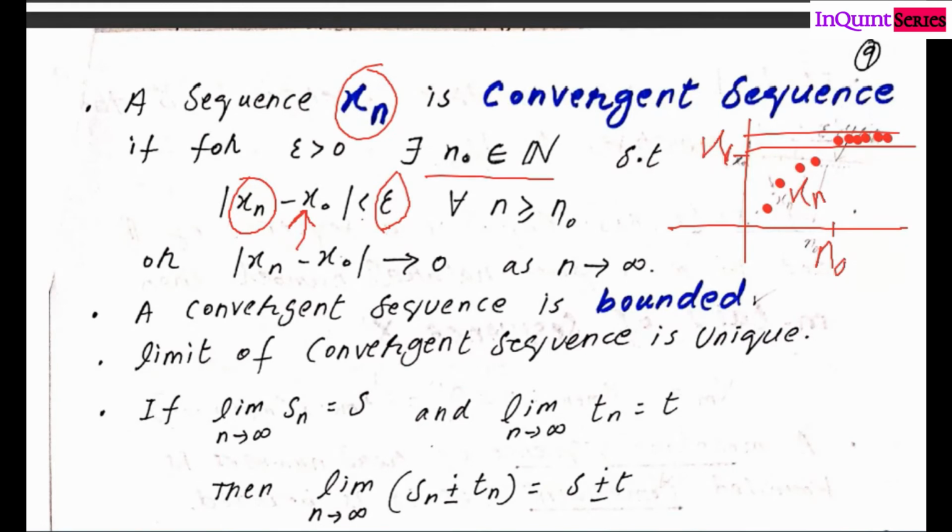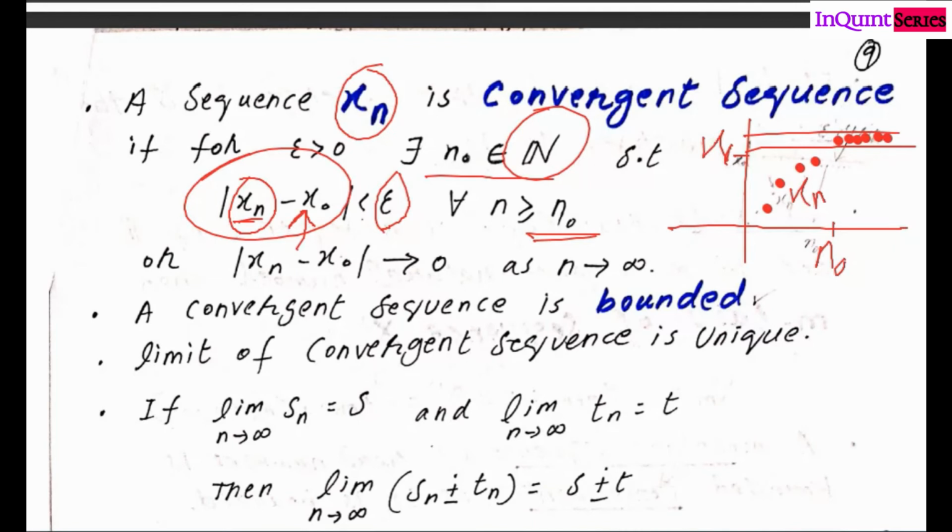You can also get the idea from this mod definition. The meaning of mod is basically distance. So it means the distance between the terms of the sequence and this fixed term x naught is always less than epsilon when n is greater than or equal to the fixed number n naught, where n naught belongs to the set of natural numbers.